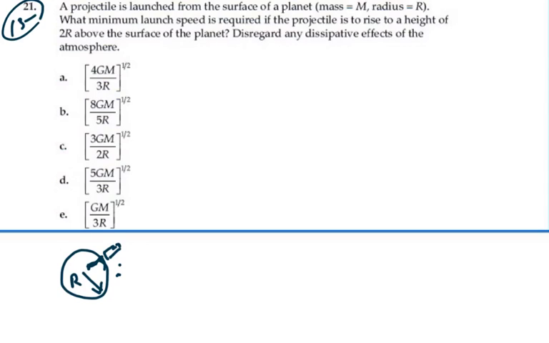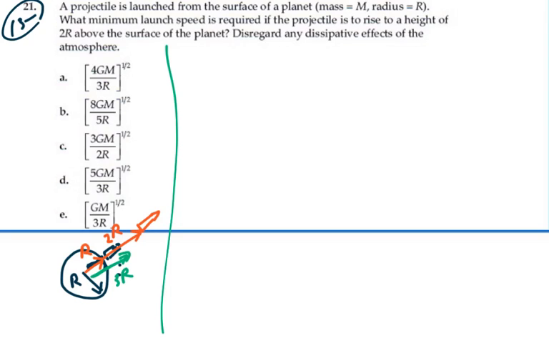Then we are going to achieve a position that is not r but actually 2r above the surface of the planet, and that will be our final position, again not in a stable orbit. So our total radius is going to be 3r away from the planet in our final position.